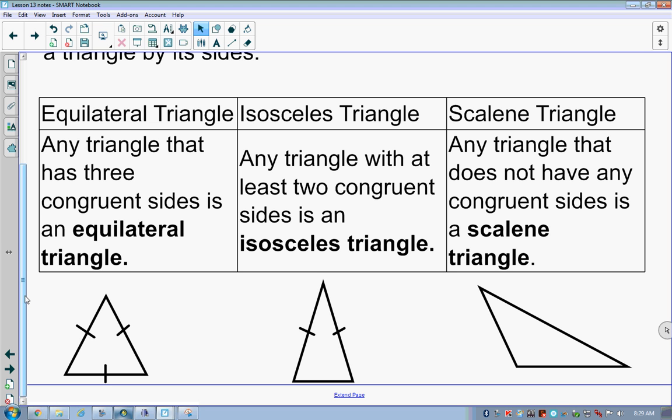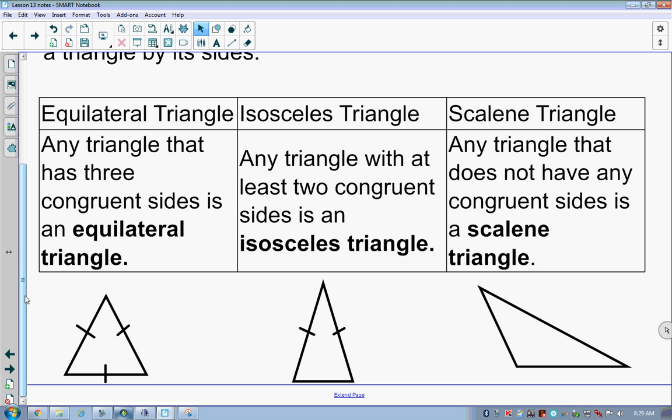All right. And so you can have an isosceles right triangle. You can have an acute isosceles. You know, we can come up with different combinations of things. Typically speaking, though, you could probably have an isosceles obtuse.